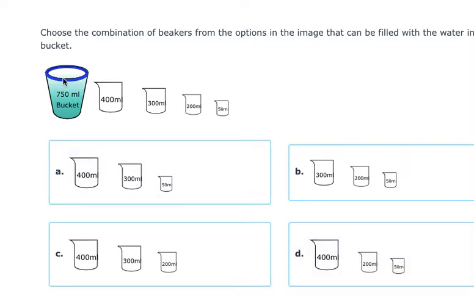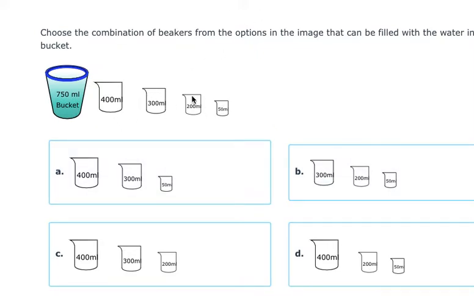So there is 750 milliliters, 400 milliliters plus 300 milliliters plus 200 milliliters plus 500 milliliters plus 200 milliliters plus 50 milliliters that can't fill the bucket because it will flood then. This will only be 750 milliliters of bucket. So this is wrong.